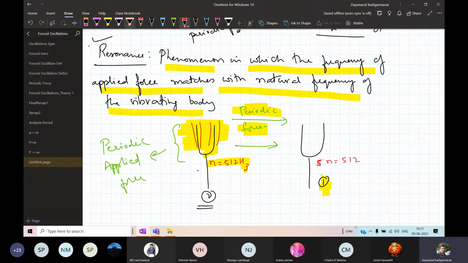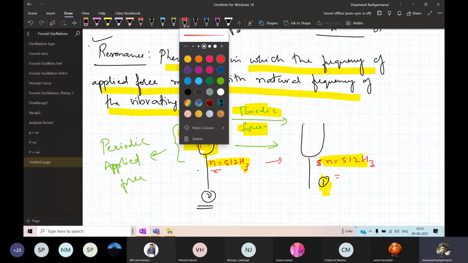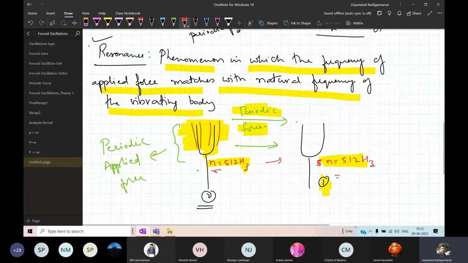What is the natural frequency? 512 hertz. This is the natural frequency of the first tuning fork, and the second tuning fork has the same frequency. When it is brought near the first one, vibrations are created in the first tuning fork. Therefore, the first tuning fork will also start vibrating.